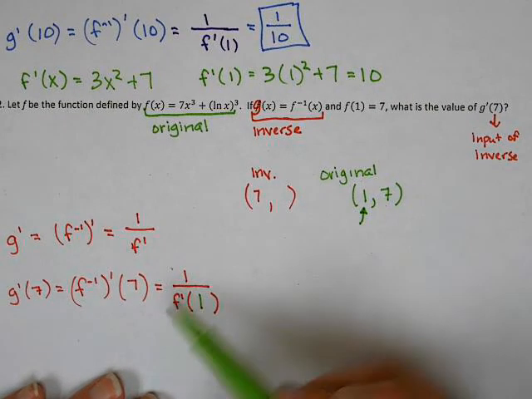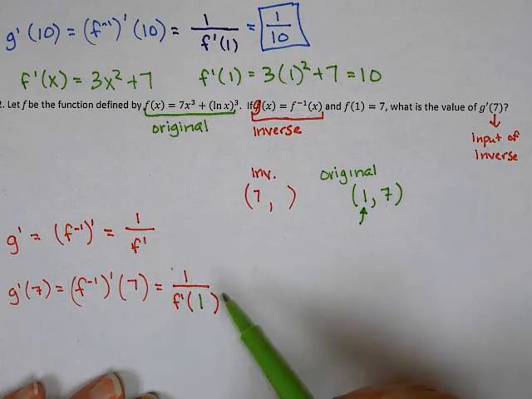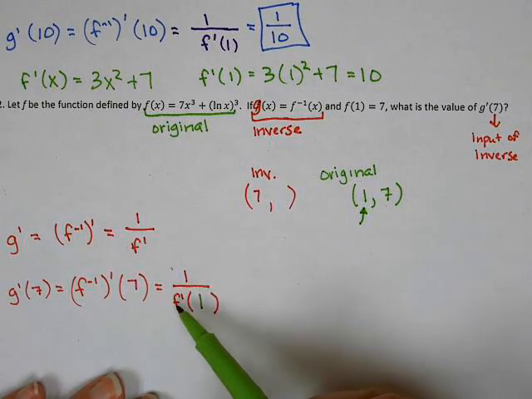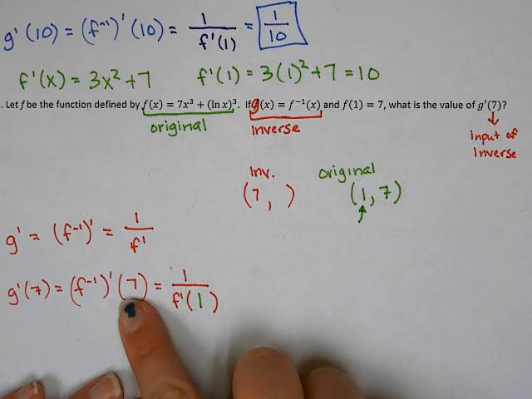All right, and if you notice, f inverse prime of 7 is equal to 1 over f prime of 1, and 1, 7 is actually our original coordinate point.